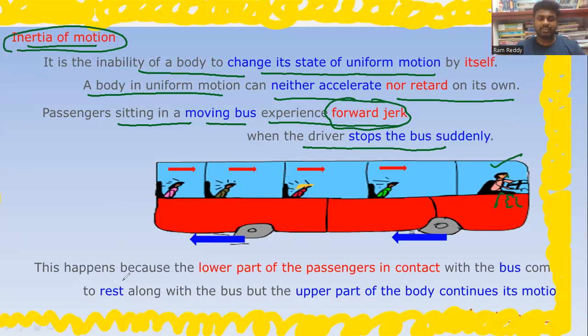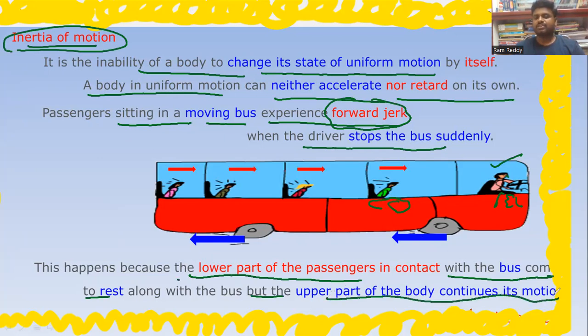If you observe here, this happens because the lower part of the passengers in contact with the bus comes to rest along with the bus, but the upper part of the body continues to be in motion. The upper part continues in motion, and the lower part is at rest.